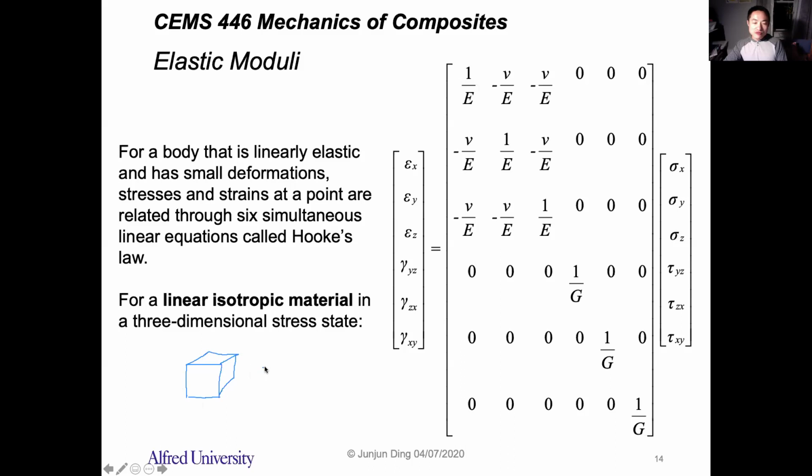So actually, if you want to show the strain, you need to express 6 strains, right? And you can write the strain in the format of a matrix, right? Similarly to the stress, this is also a 6-element matrix, right?